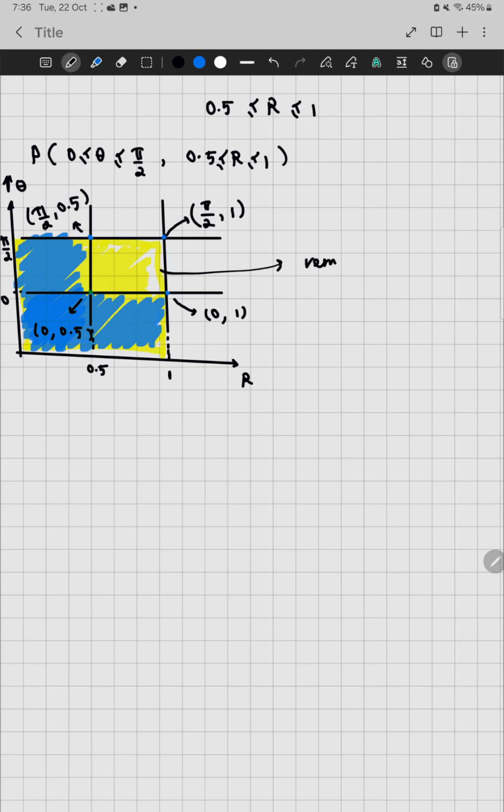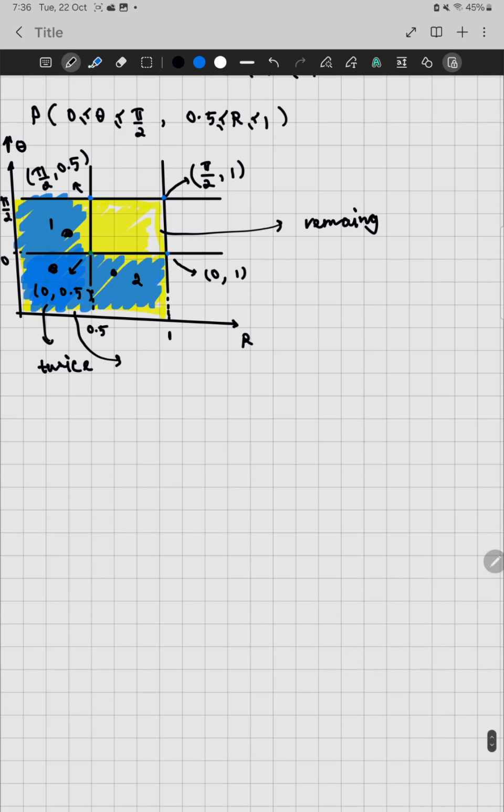But what happened while removing two times? This box got removed twice. So we just add this part back. So the darker blue becomes a lighter shade of blue. So everything has been removed, and this box and this box have each been removed only once.